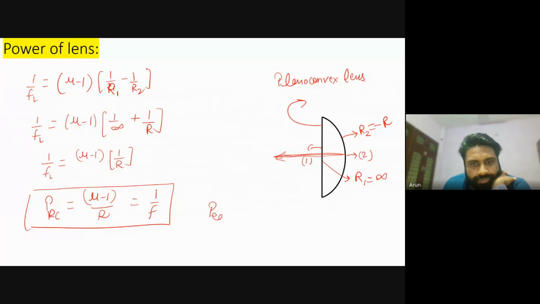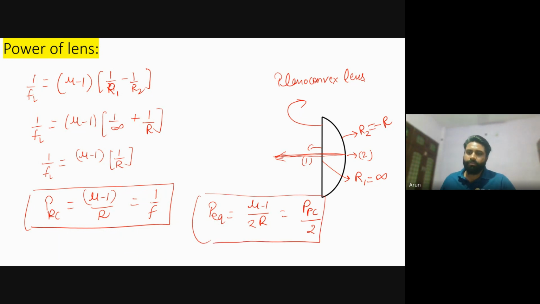For equiconvex, it is mu minus 1 upon 2R, which is the power of the plano-convex lens divided by 2. So the power of an equiconvex lens is half of the power of a plano-convex lens. So instead of using an equiconvex lens, we should use a plano-convex lens for higher power.